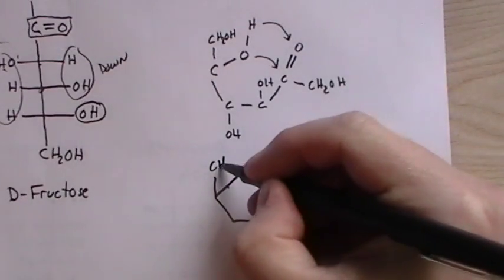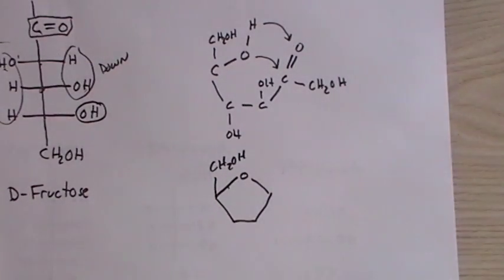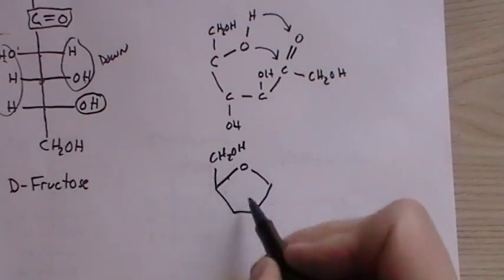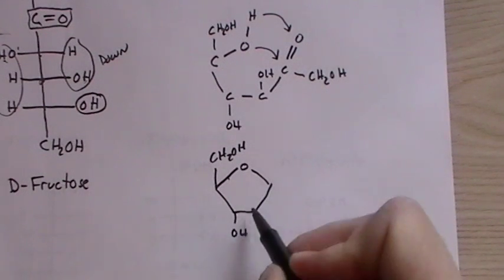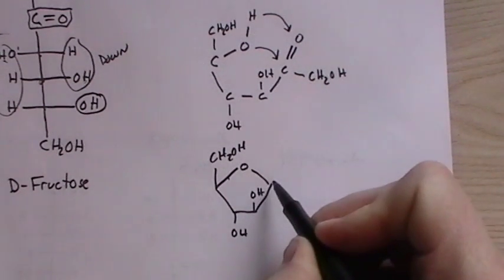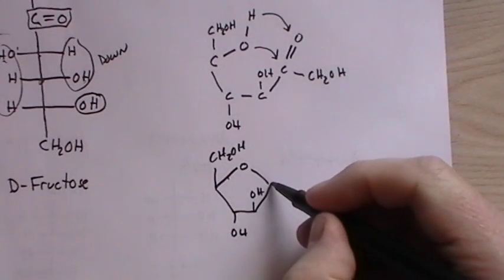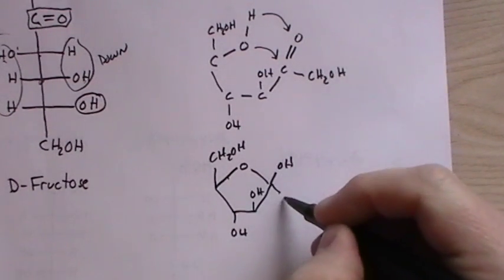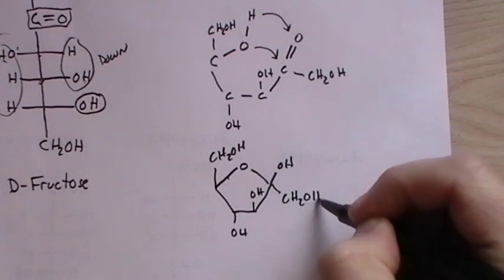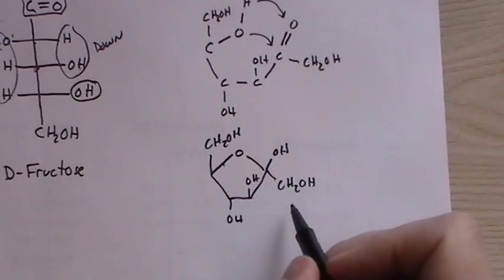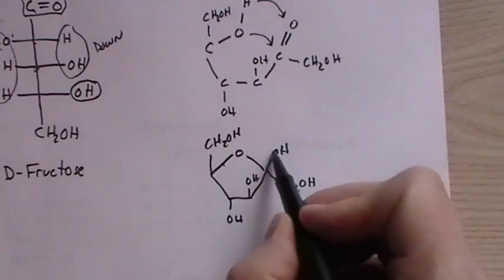We have the CH2OH, which shows it's the D formation of the ring, and then this closes here. We've got the oxygen, and then the hydroxy group, and then the CH2OH is there. It's just like in the other ring where it was a hydrogen. We're still looking at this though.